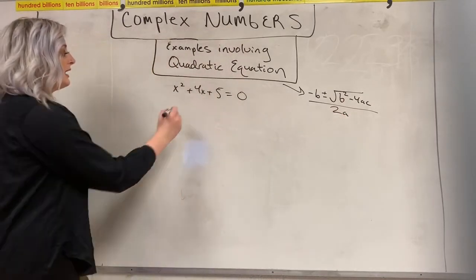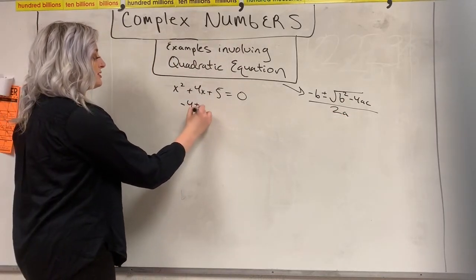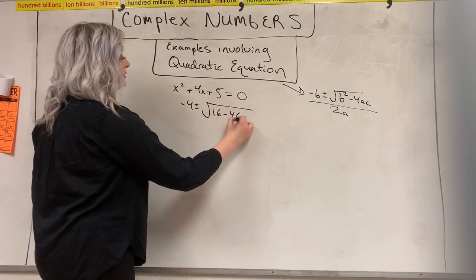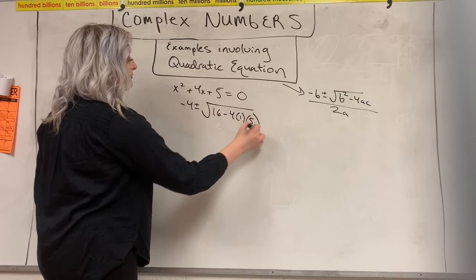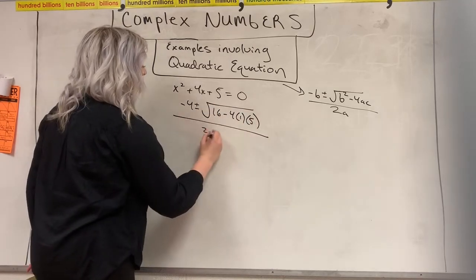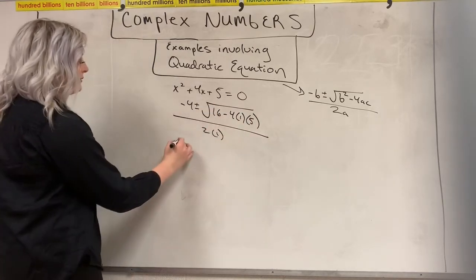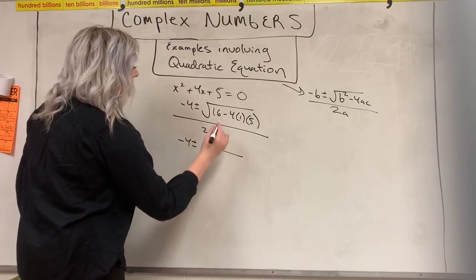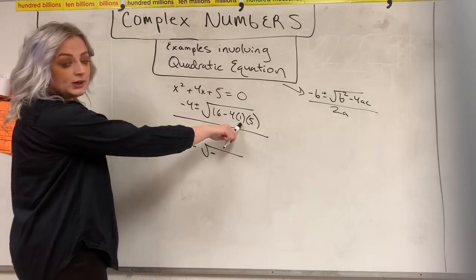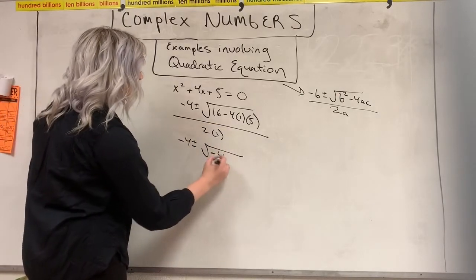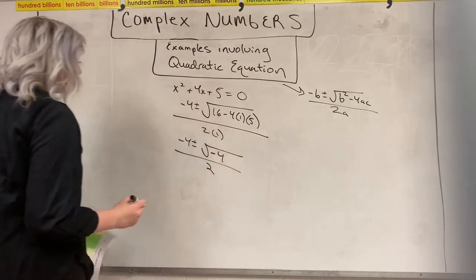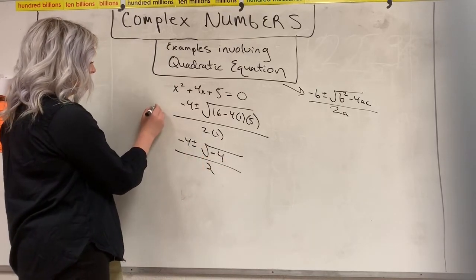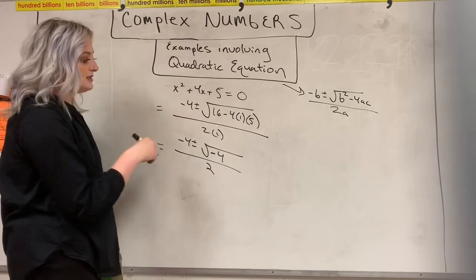Okay, so for this one, we'll have negative 4 plus or minus the square root of 4 squared, which is 16, minus 4 times 1 times 5, which is c, all over 2 times 1. And so we'll have negative 4 plus or minus the square root of 16 minus 20, which is negative 4, all over 2. Square root of negative 4, maybe I'll put a little equals so we don't get our steps mixed up.